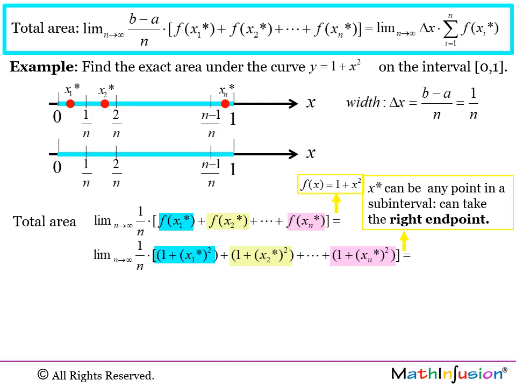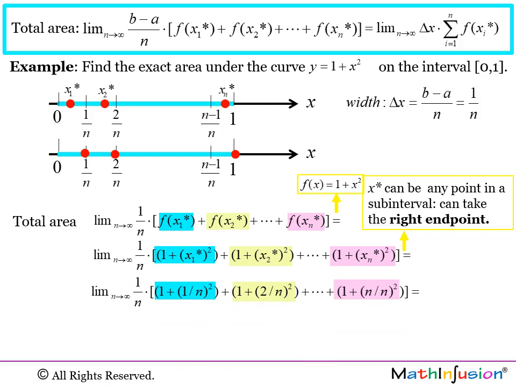In the first subinterval, I'm going to choose 1 over n. In the second, I'm going to choose 2 over n, and so forth. And in the last one, it's n over n, or 1. Now I'm going to replace all the x sub i stars. The first one, as you can see, is 1 over n.